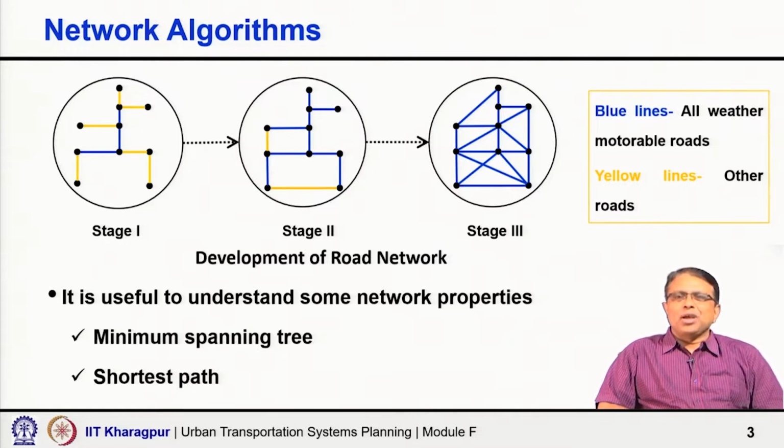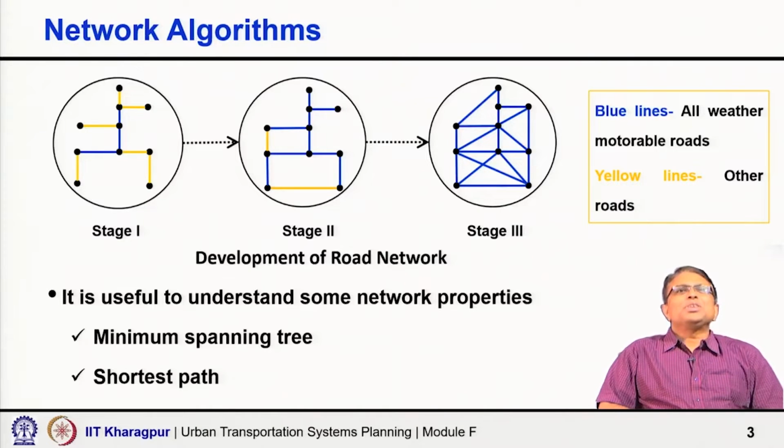Yes, people use them as roads, but they are just foot tracks where you can walk or go with a bicycle, at best a bike, but not by car or four-wheelers. Also, throughout the year you may not be able to use these roads.